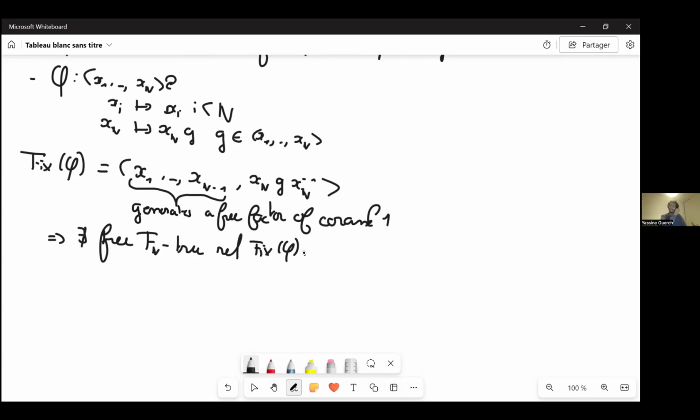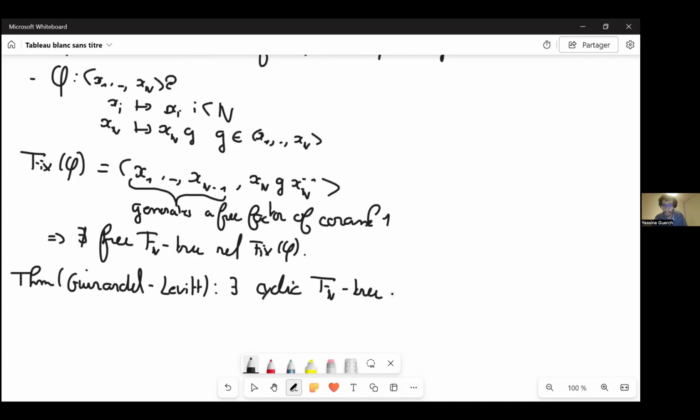So in that case, it is a theorem due to Guirardel and Levitt, which tells you that there exists a cyclic FN tree relative to fixed phi.